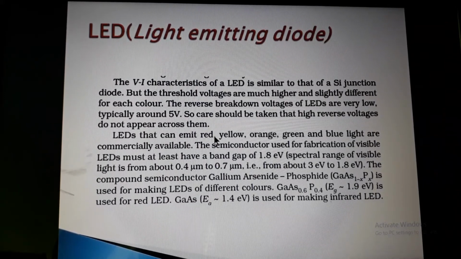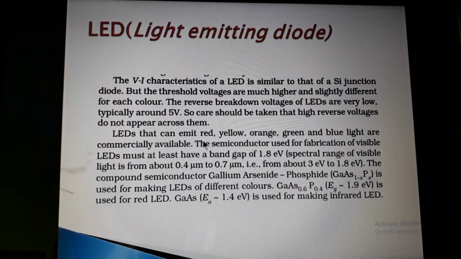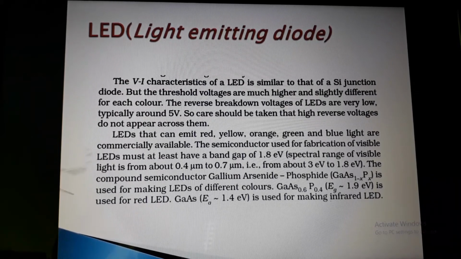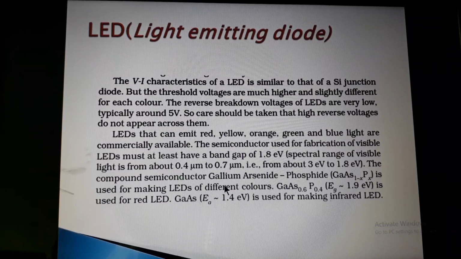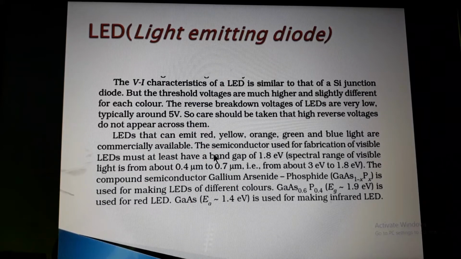Red, yellow, orange, green and blue LEDs are commercially available, but the colors depend on the emission wavelength. So that is the basic principle of the LED, light emitting diode.